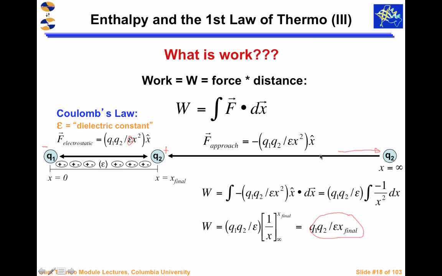As it accelerates, it would gain kinetic energy. In that case, the kinetic energy that was gained by Q2 would be exactly equal to Q1 Q2 over epsilon x final. And so effectively the loss of electrostatic potential energy in this system would be exactly equal to the gain in the kinetic energy as these things came together, right?